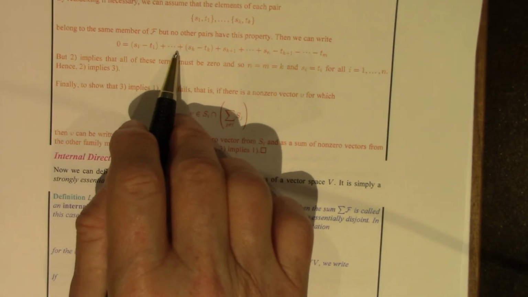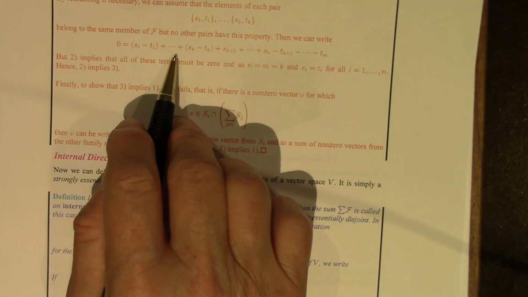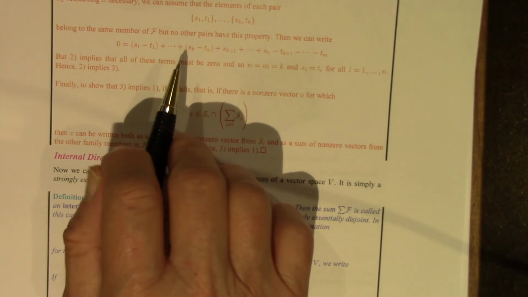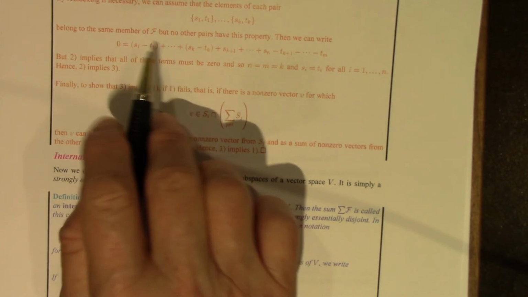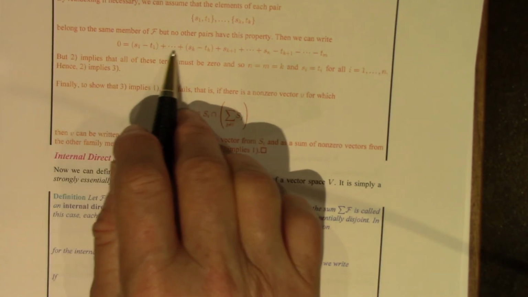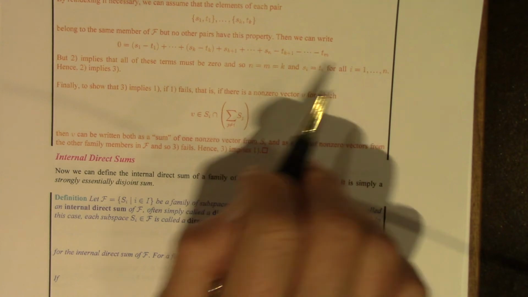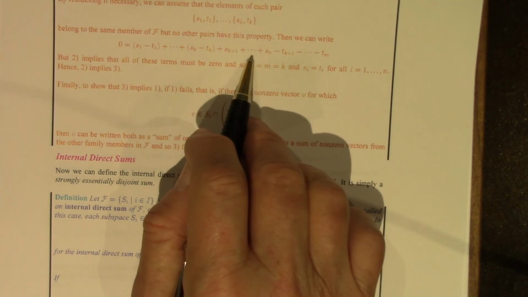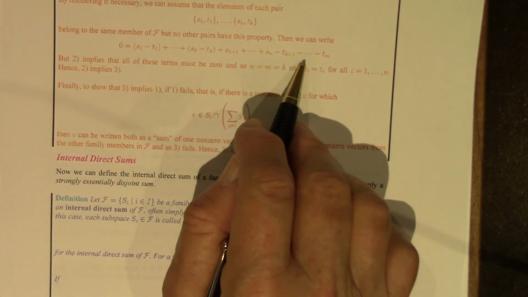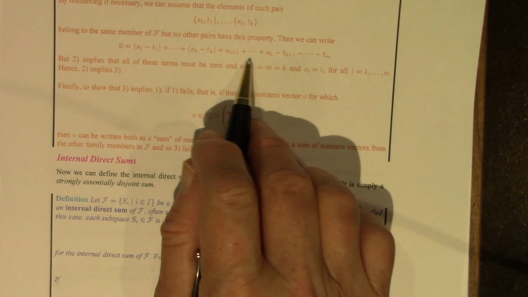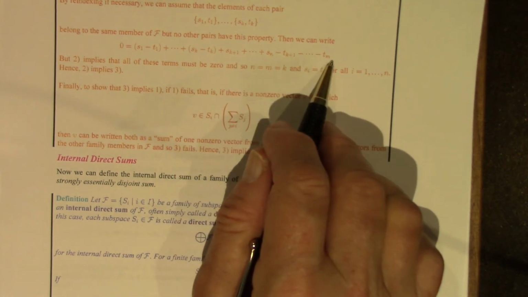And since we're assuming that there is no non-trivial representation of the zero vector, all of these terms have to be zero. But the S's are not zero by assumption, and the T's are non-zero also by assumption, and so there can't be any of these last groups.